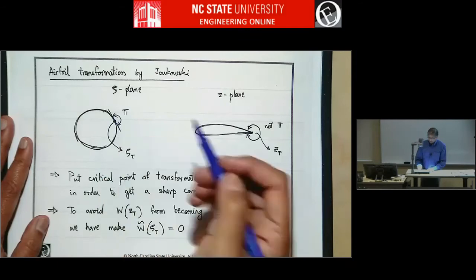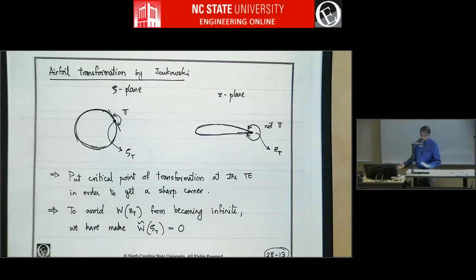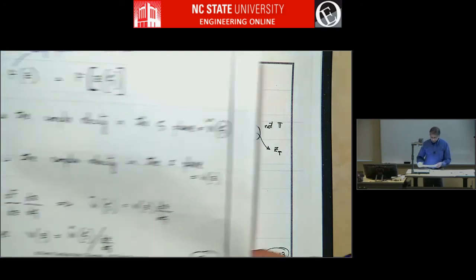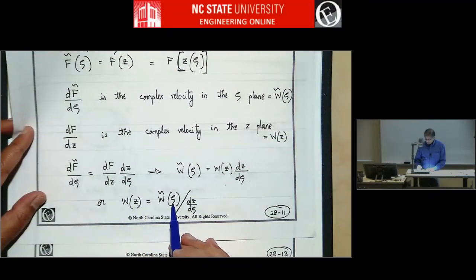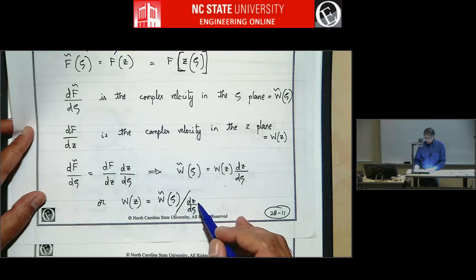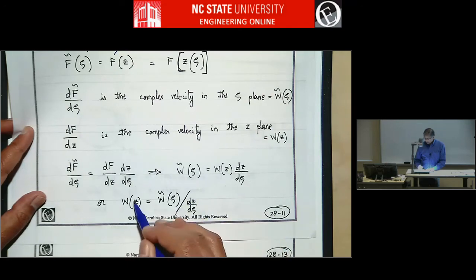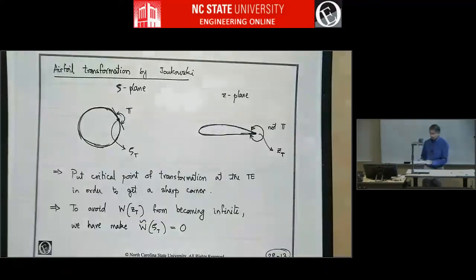But if you put the critical point there, the velocity is not going to work out, because w of z is w tilde of zeta divided by dz d zeta, and if this becomes 0, this is infinite velocity at the trailing edge.